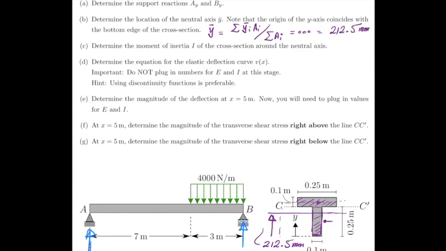Determine the moment of inertia, exactly the same story for the moment of inertia as before. So you would say the moment of inertia for the whole cross section is the sum of the moment of inertia for each part with respect to its centroid, plus area of each part times distance of neutral axis squared. So that's your generic formula.